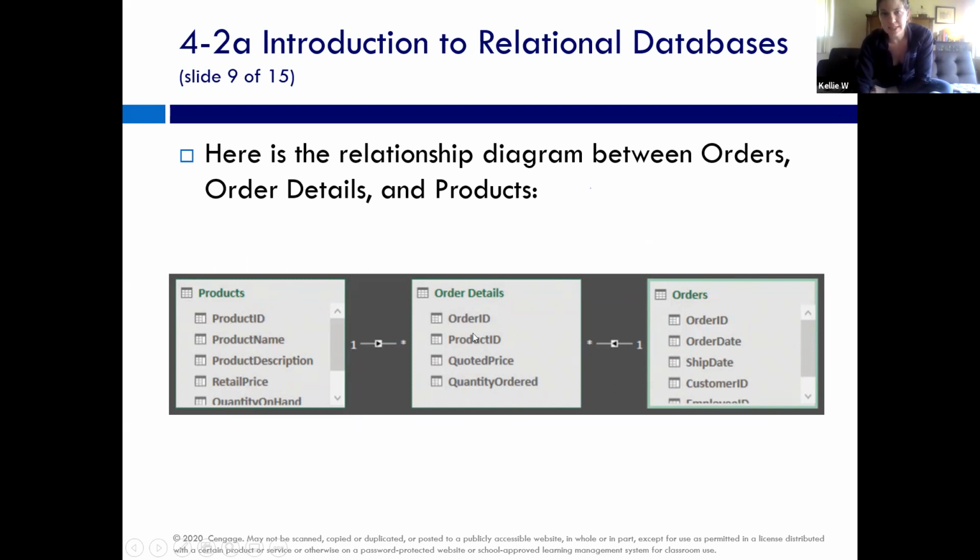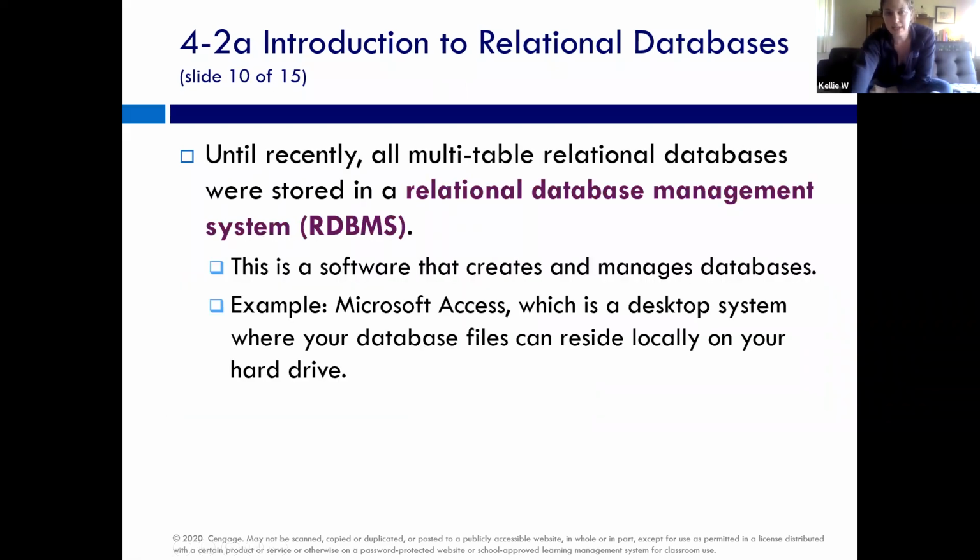And then order details contains the order ID, the product ID, and a couple of other pieces of information, looks like quoted price and the quantity ordered. The product ID is tied to the order details table, and then the order ID from the orders table is tied to this through here. So you can see if you have a lot of tables, how this could get pretty complicated.